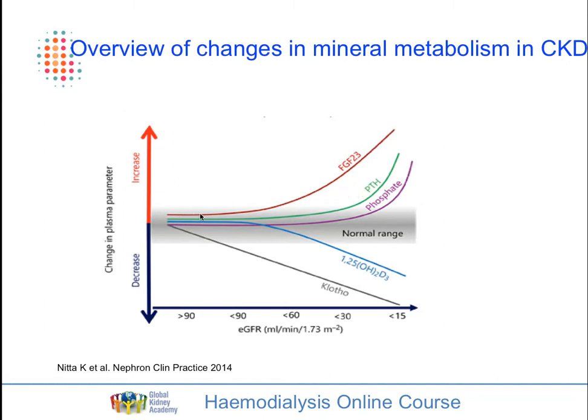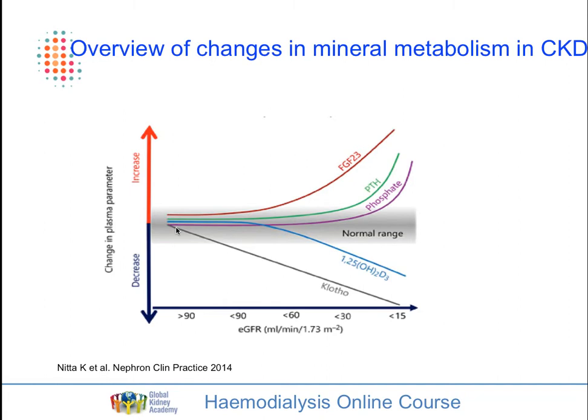FGF-23 is a phosphaturic hormone like PTH, and that rises progressively as your kidney function declines, and it's not clear what the trigger for FGF-23 is in terms of why it increases when your kidney function declines. As I've said already, if your kidney is not able to hydroxylate vitamin D, then your hydroxylated levels of vitamin D will fall as your kidney function fails.